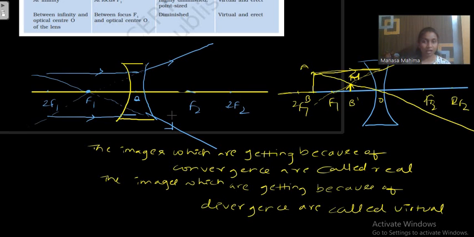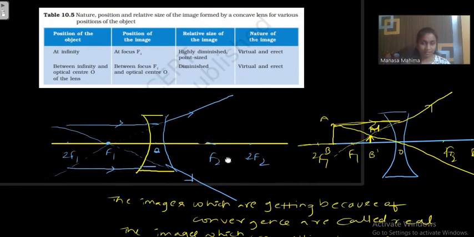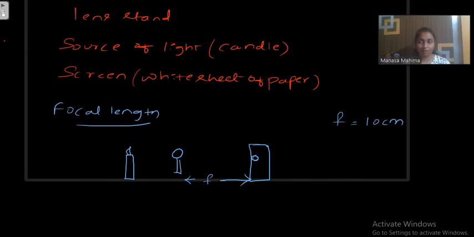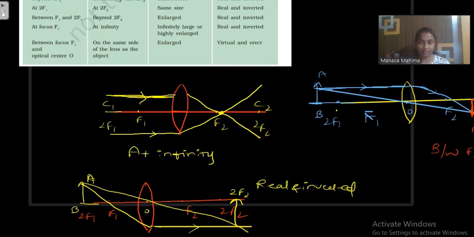This is how we can draw the ray diagrams in order to find out the image formation in the case of lenses. Same thing which we have discussed in the case of mirrors also. The same thing we can apply for the lenses. First we have to draw the basic ray diagrams.